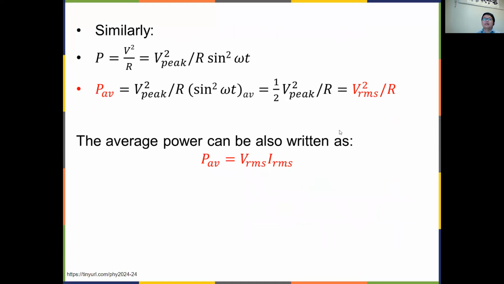Now, similarly, you can calculate this power in another way. As I mentioned, there are 3 ways.